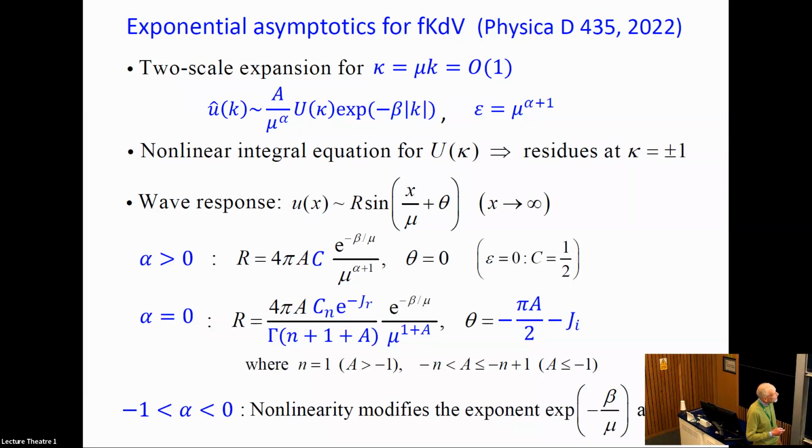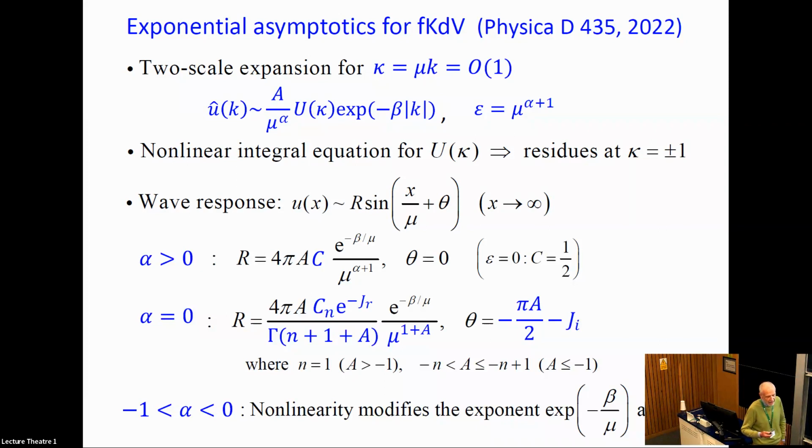So it has the exponential. This is a fast exponential, which the linear theory also has. But there is a slowly varying amplitude here that depends on kappa, and you rescale also in this way. So this is the proper expansion in the large wave number range. And the proper scaling of epsilon and mu in order for nonlinearity to come at the same level as wave effects is actually this.